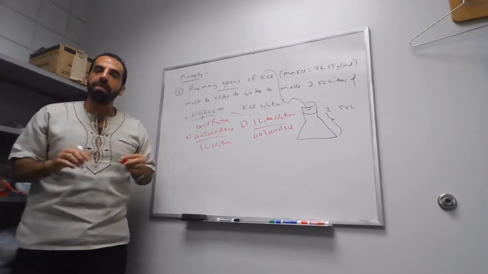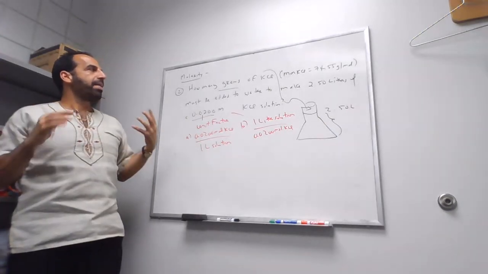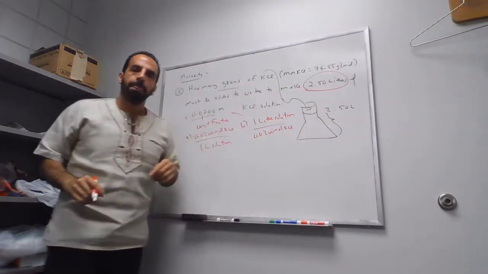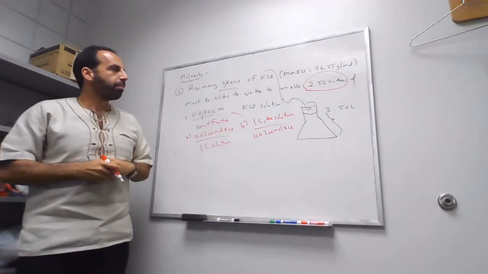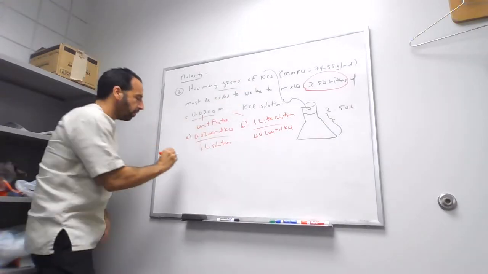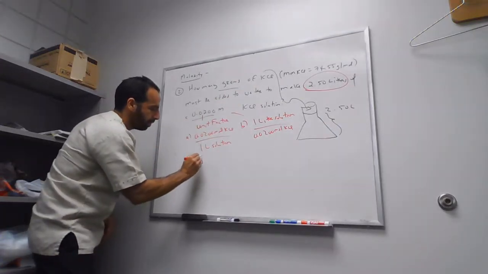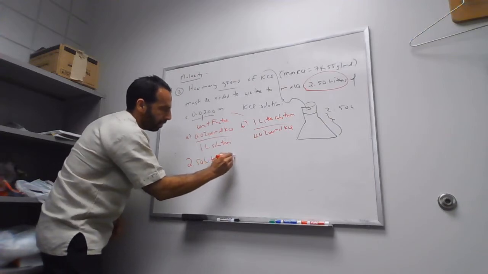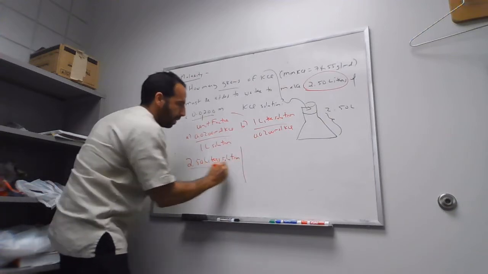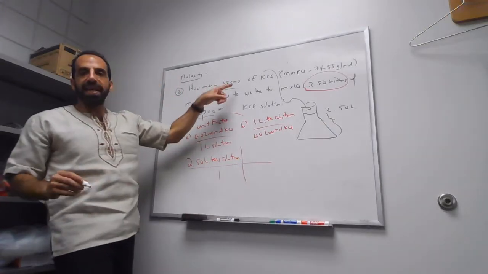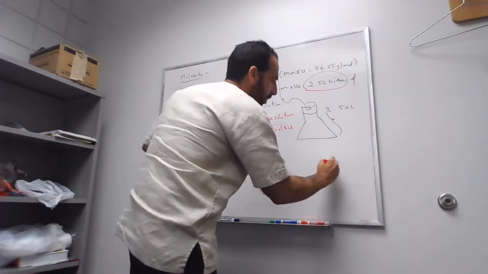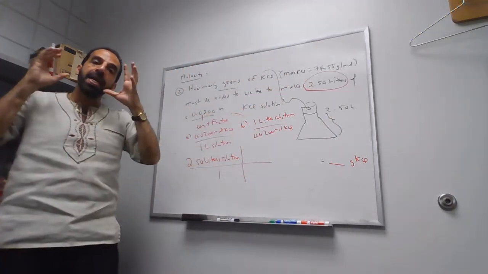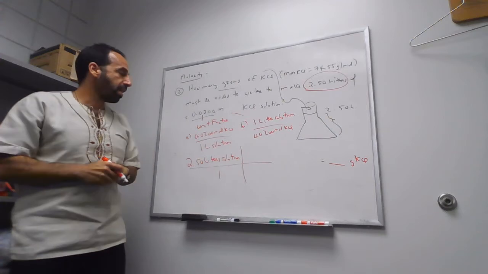Now remember, I'm not going to write the unit factors down first. What I'm going to write down first is the volume. Molar mass, we're not going to write that down first either. So 2.5 liters of solution. I need to end up with grams of KCl at the very end.